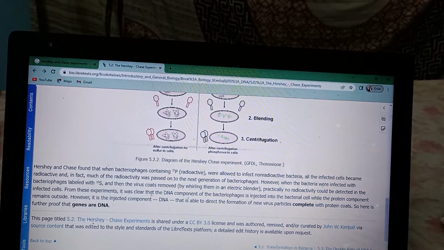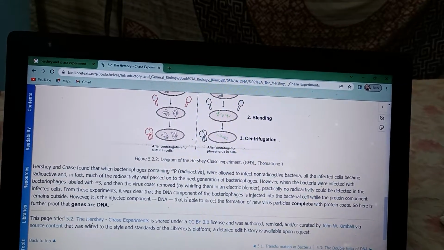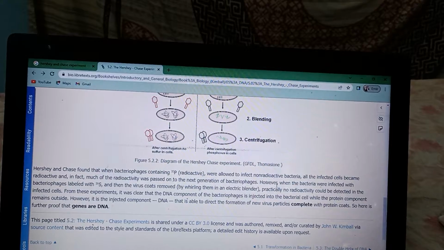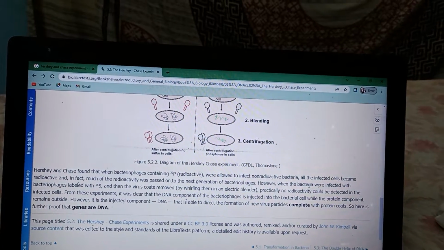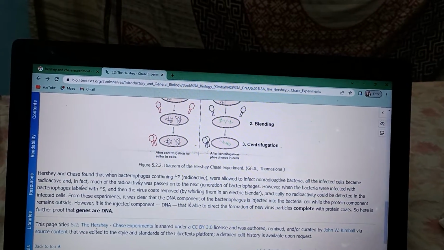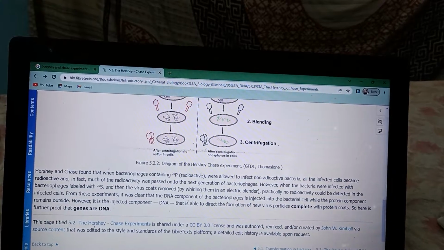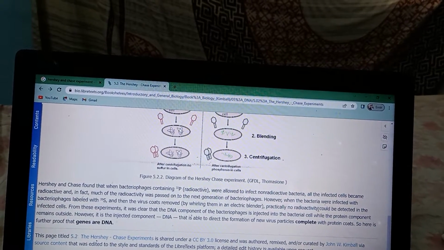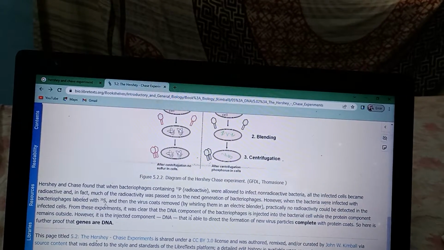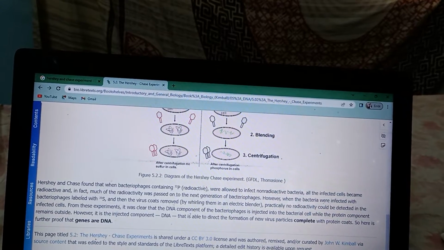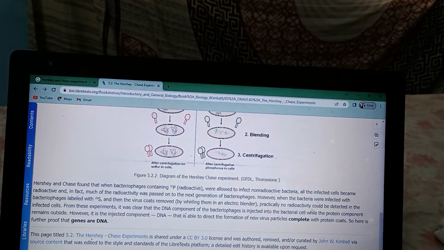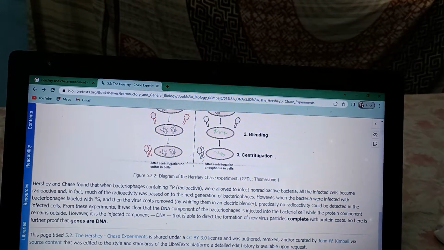So Hershey and Chase found that when bacteriophages labeled with P32 were allowed to infect non-radioactive bacteria, all the infected cells became radioactive. And in fact, much of the radioactivity was passed on to the next generation of bacteriophages. However, when the bacteria were infected with bacteriophages labeled with S35, that is sulfur 35, and then the virus coats were removed by blending, practically no radioactivity could be detected in the infected cells.